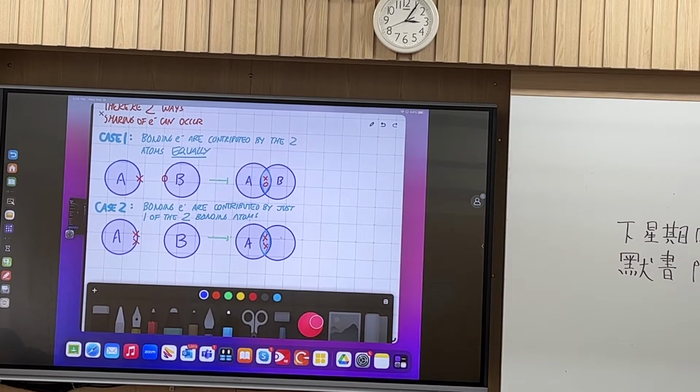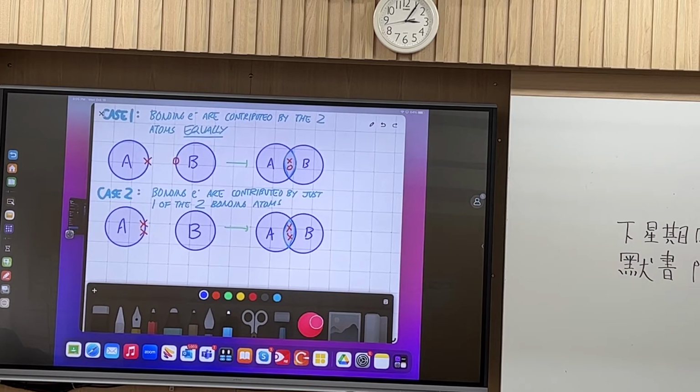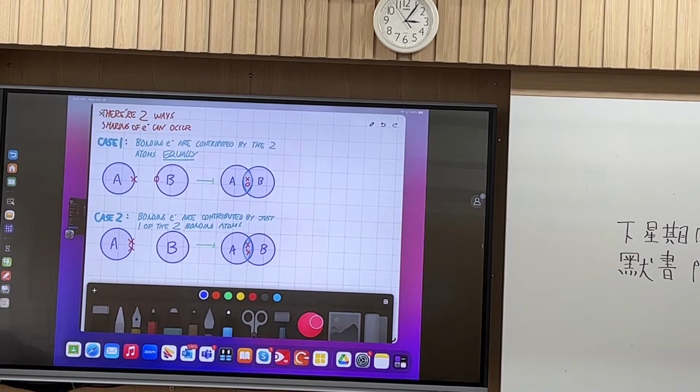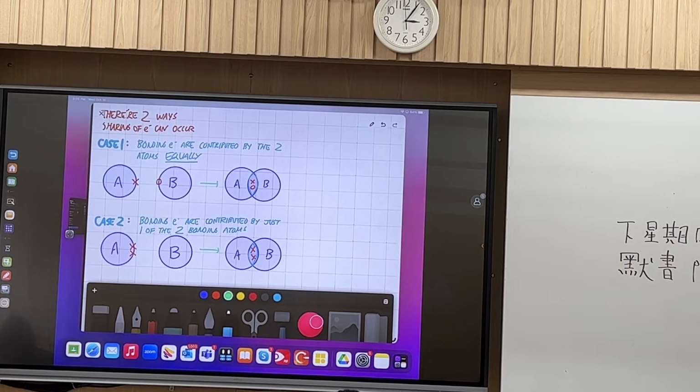I almost forgot. So you can see that in case 1, the bond is contributed equally by the two atoms. In case 2, the bond is formed by the sole contribution of just one of the atoms. So they are not the same. This bond on top, we call it a normal covalent bond.